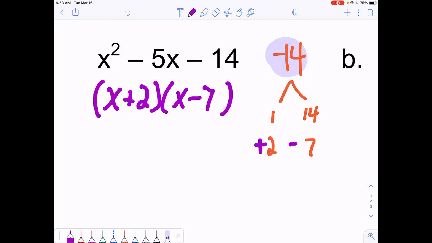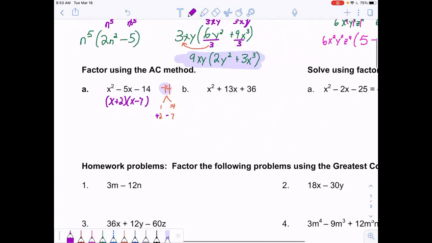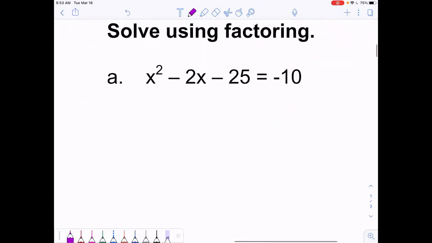So we're going to take this, we're going to go over to part C. What do we have to do here before we could start factoring? Remember that property we learned, the zero product property? What do we have to do? Zero, right? So that means we got to get this over here.